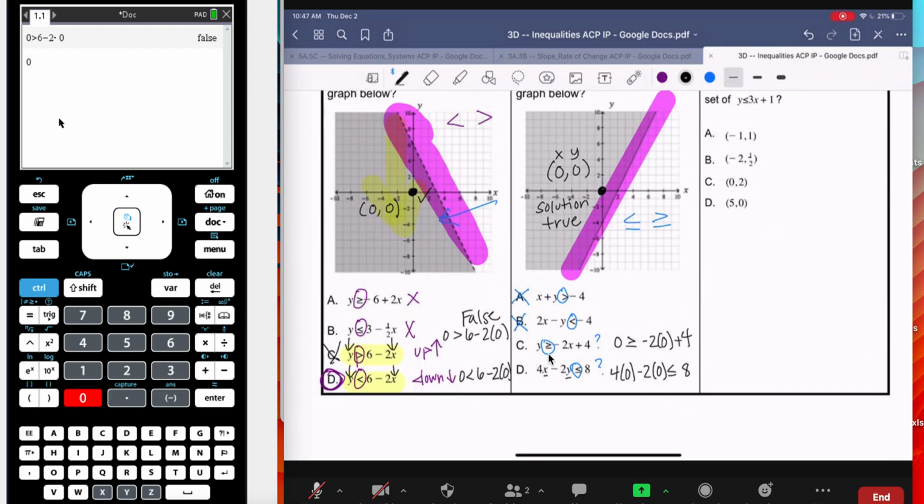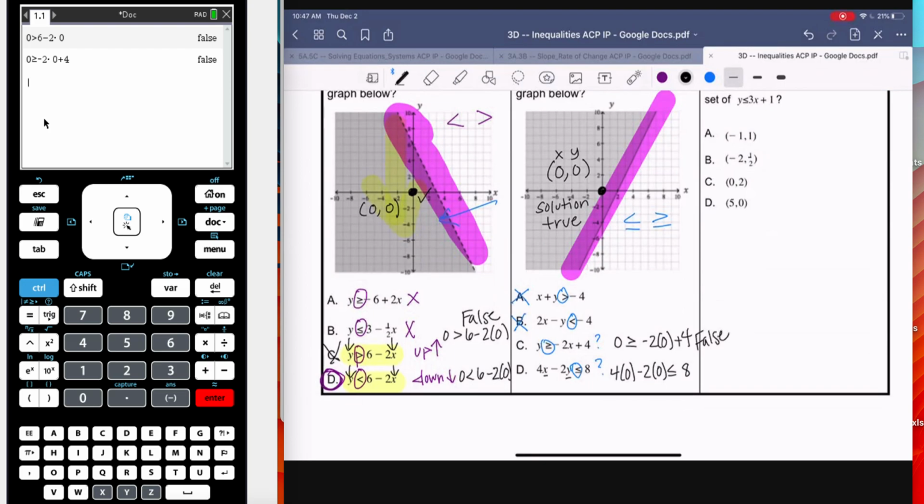I'm going to start with C. 0 is greater than or equal to negative 2 times 0 plus 4. That tells me false, so that one's probably not the answer. I'm going to write false on my paper.